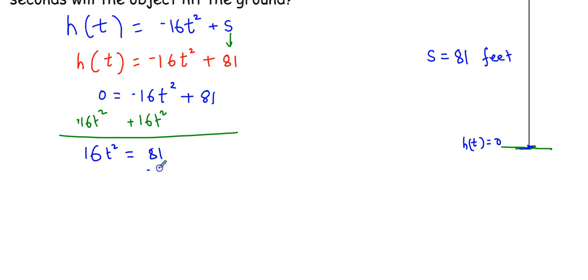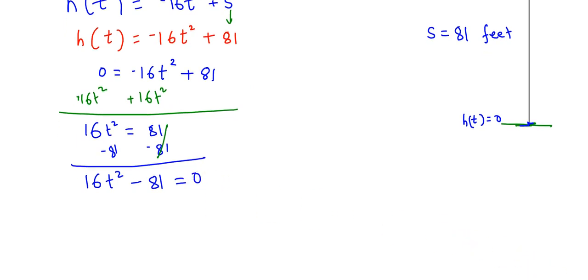Then take away 81 on both sides, subtract 81. That will give us 16t square minus 81 is equal to 0. This 81 got cancelled. We have 0.